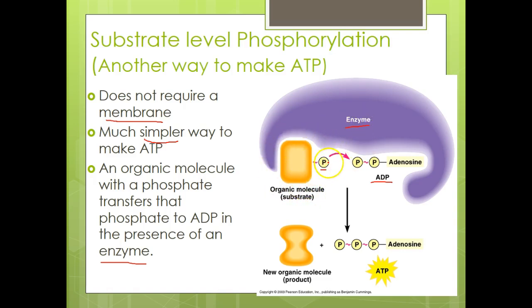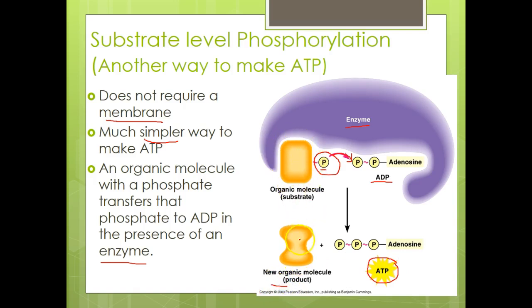The enzyme is going to take the phosphate from one molecule and bond it to our ADP. And when you do that, you come up with ATP and a molecule that now is phosphateless.